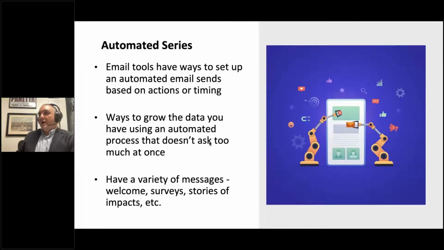For example, if we were working with a group and we wanted to help them increase the grassroots data on their list, we would send an email out and say, we have this great list, but we don't know everybody's congressional district, and that's really important to us.